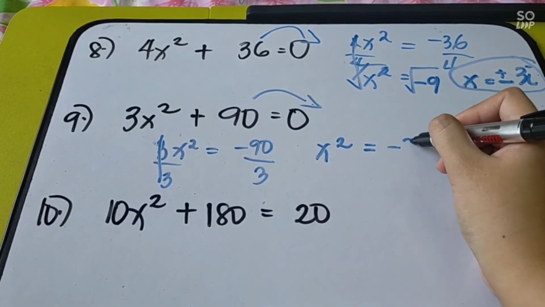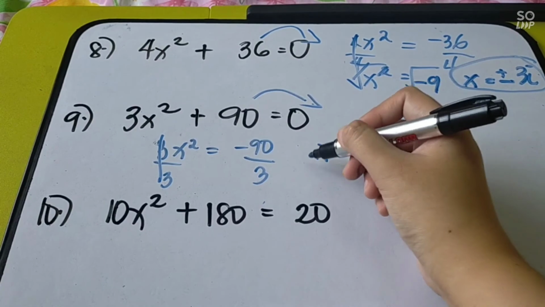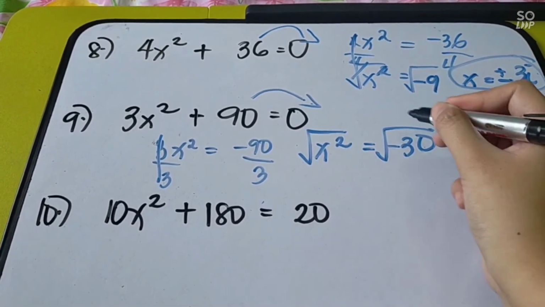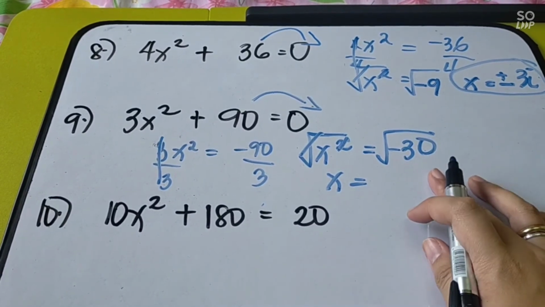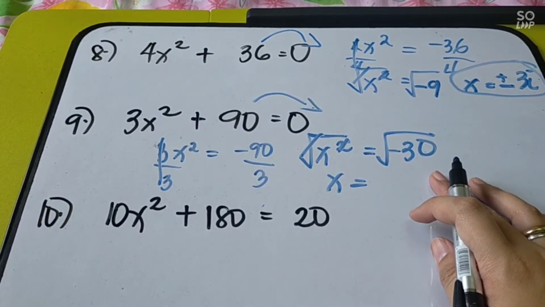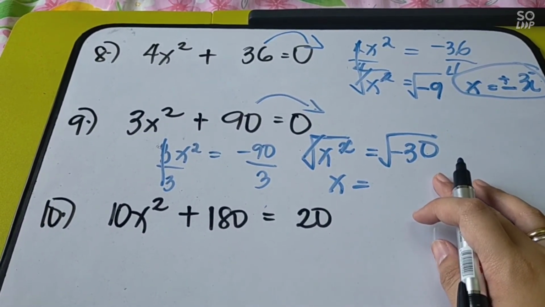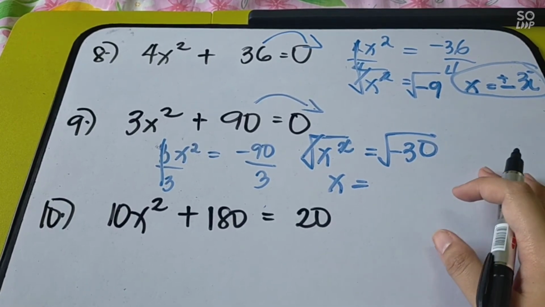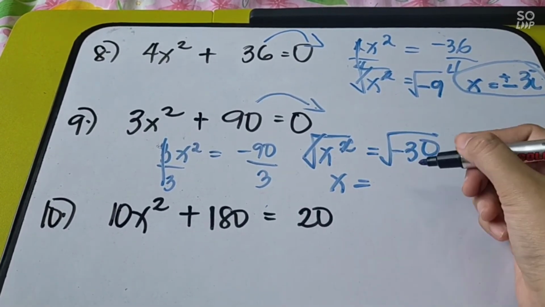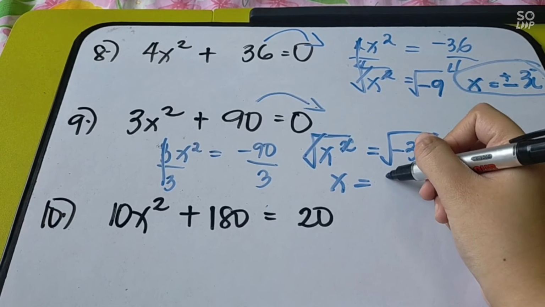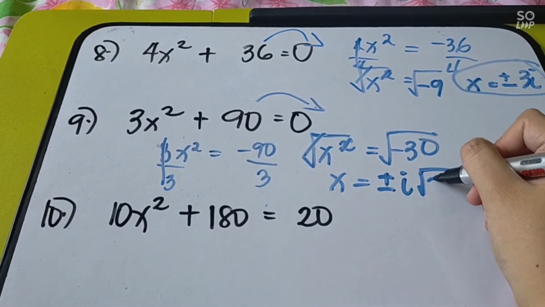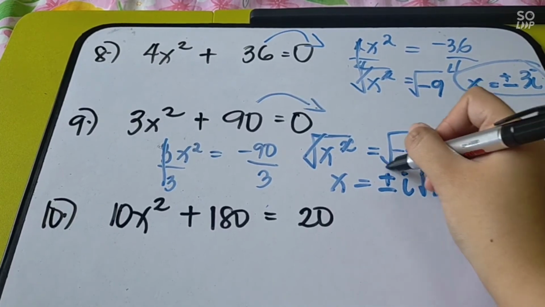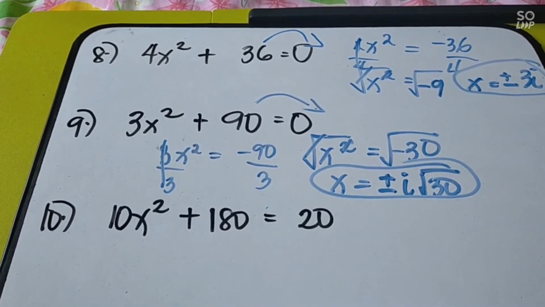The answer is negative 30. Take the square root of both sides, the square cancels out. So, we have here x. If you look for factors of 30 where one is a perfect square, there is none. So, therefore, only the i comes out, from the negative. So, the answer is positive and negative i. What remains here is the square root of 30. We're done. So, that is it.